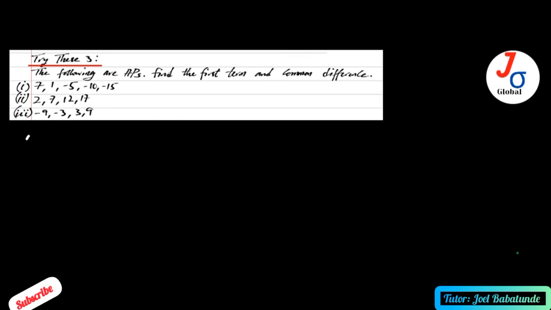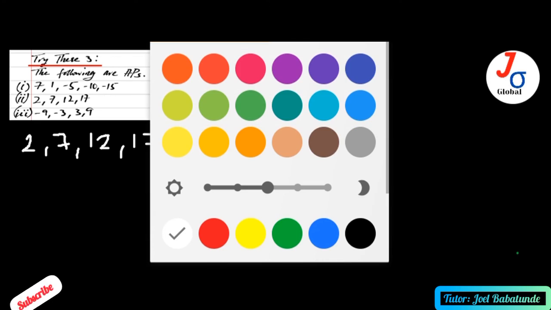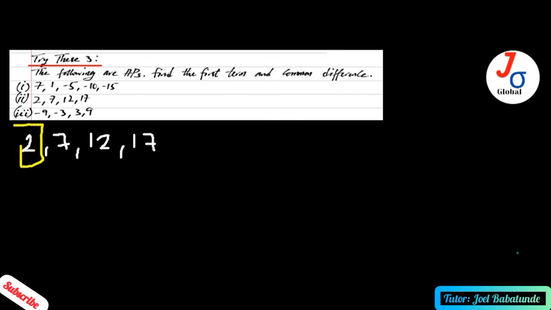All right, so let's see the second one: 2, then 7, then 12, then 17. I believe you must have done this. Let's find A, which is the first term. The first term is the first number here, and that's A equals 2. What about our D?